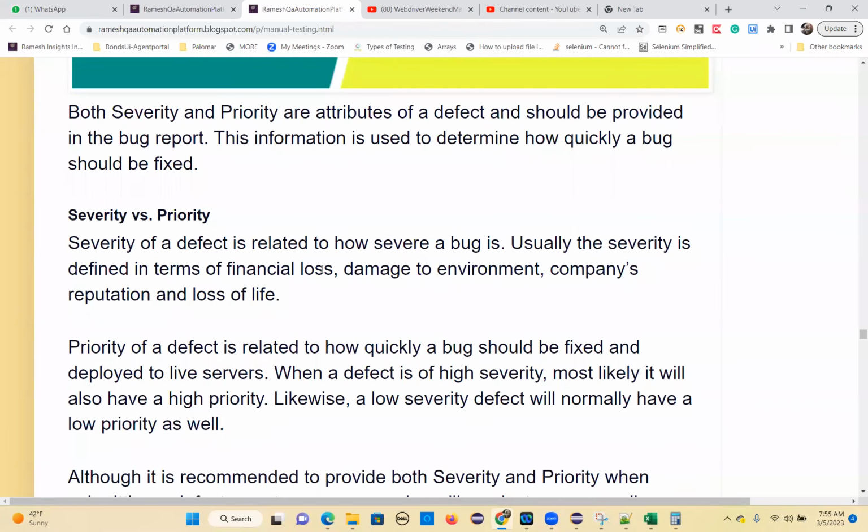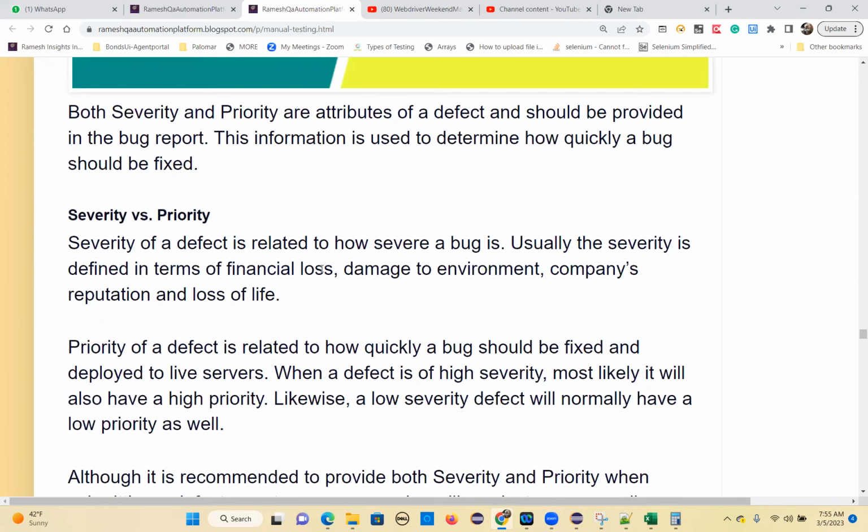If some accident happened, you will ask how severe it is. A person met with an accident, you will ask how badly impacted. That's the meaning of severity, right? And priority means, based on the severity, you will fix the bug. You will give a priority for that.